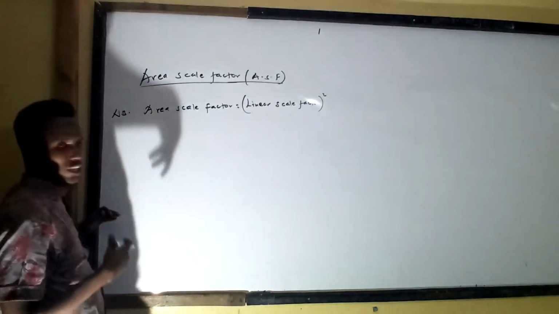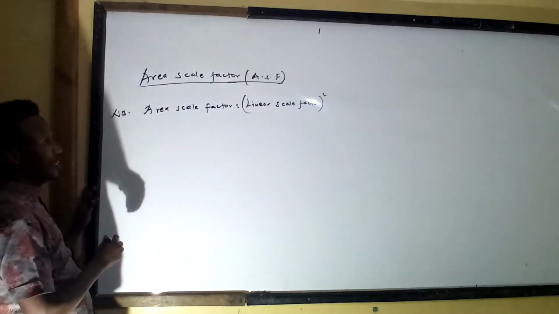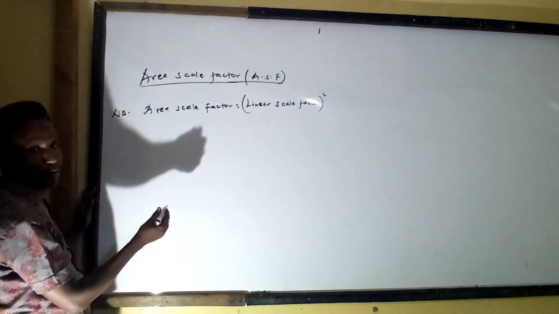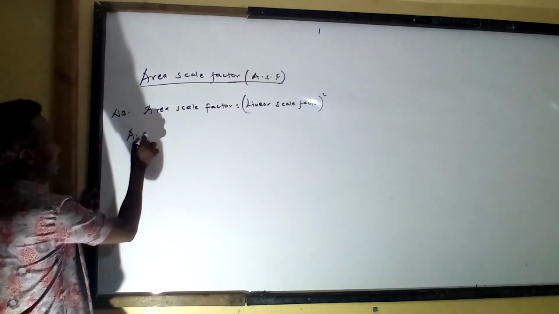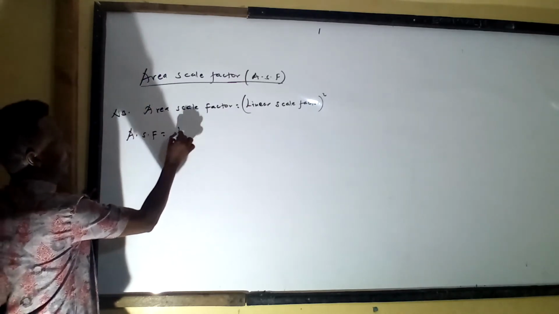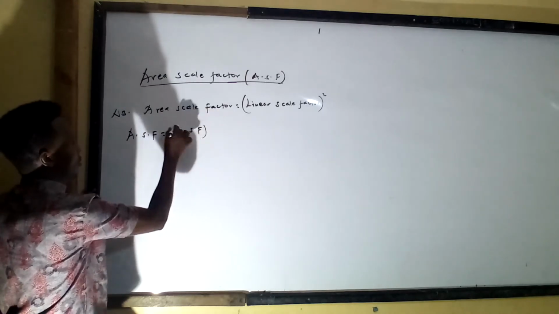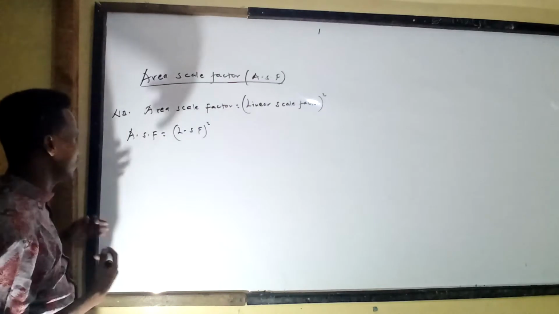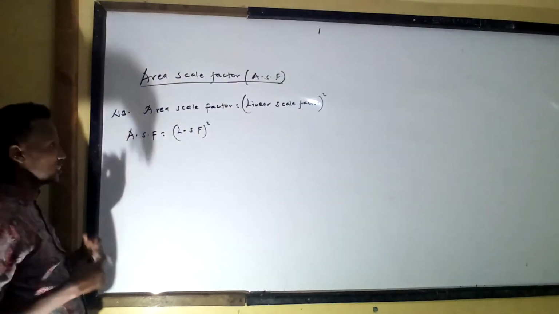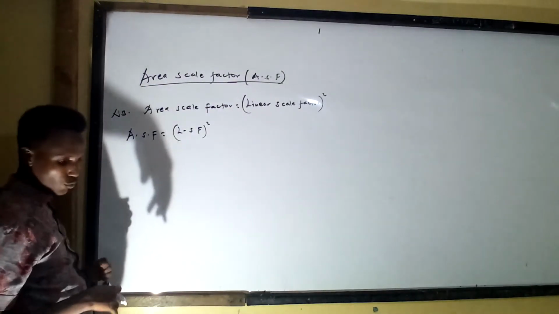This is how we're going to get area scale factor: linear scale factor squared. So it can be abbreviated as area scale factor equals linear scale factor squared. So we are going to square the linear scale factor to get the area scale factor.